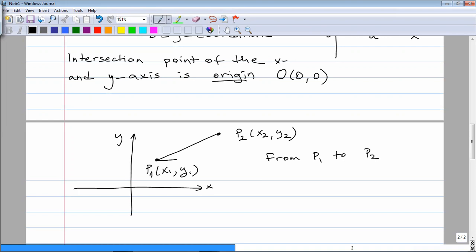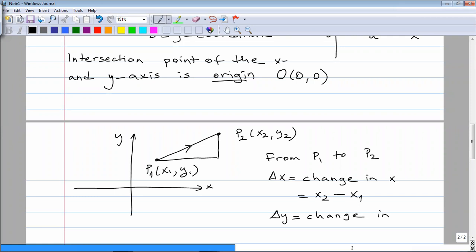We make a change in the x direction and a change in the y direction. The change in the x direction we denote by delta x. This is x2 minus x1. Here, the direction is important. I'm talking about moving from P1 to P2, so I take x2 minus x1. And delta y, the change in y, is y2 minus y1. Of course, the way I draw it, both numbers are positive, but they may also be negative.